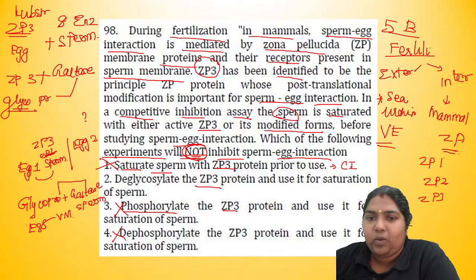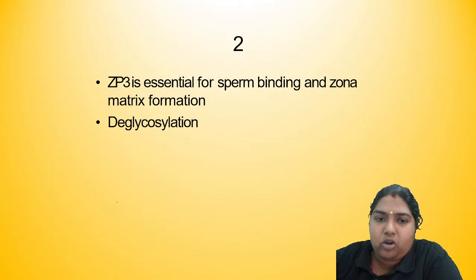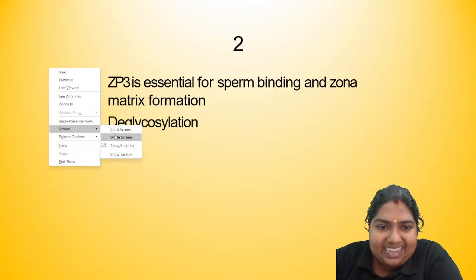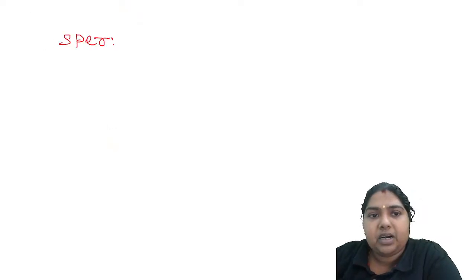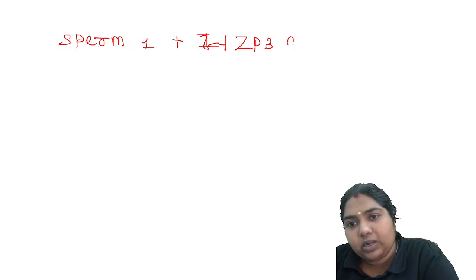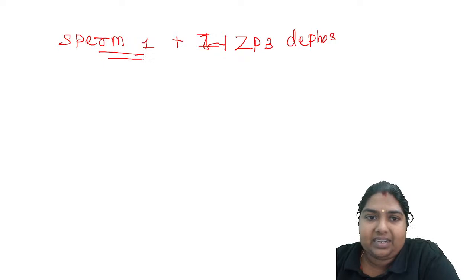Got it, guys? Shall we see one more example? Just give me a couple of seconds. So this is going to be the sperm 1, and now I am adding ZP3. This ZP3 is going to be dephosphorylated. I am talking about sperm 1.